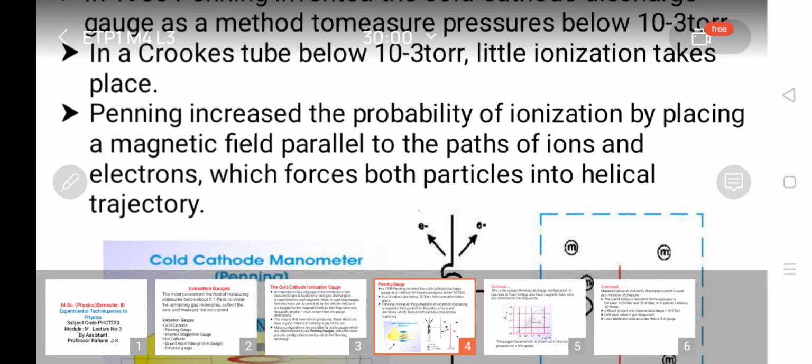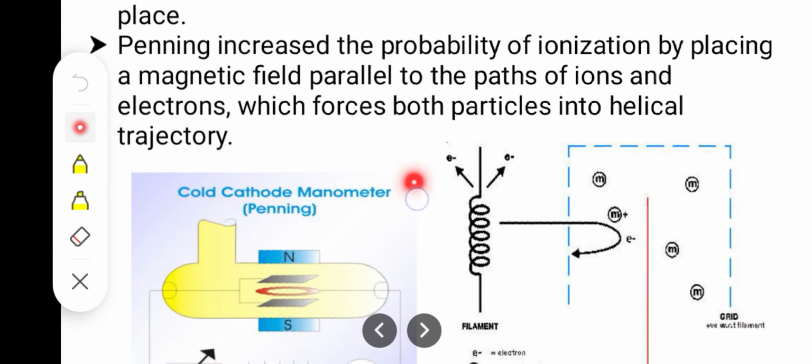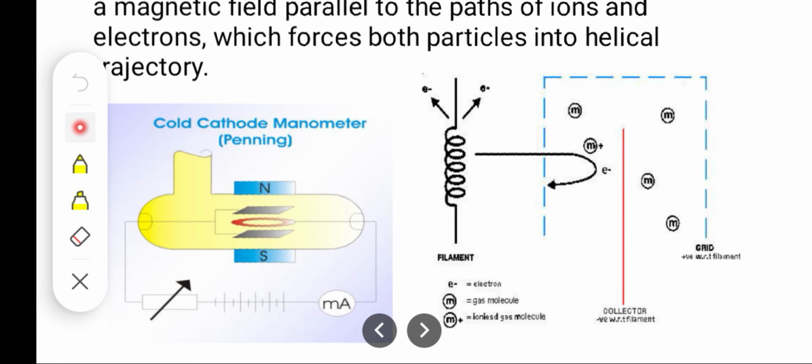M plus is the ionized gas molecules, and this red wire is our collector. The dotted line at the side is the green one, which is at positive potential with respect to the filament. As you know, the filament emits electrons.